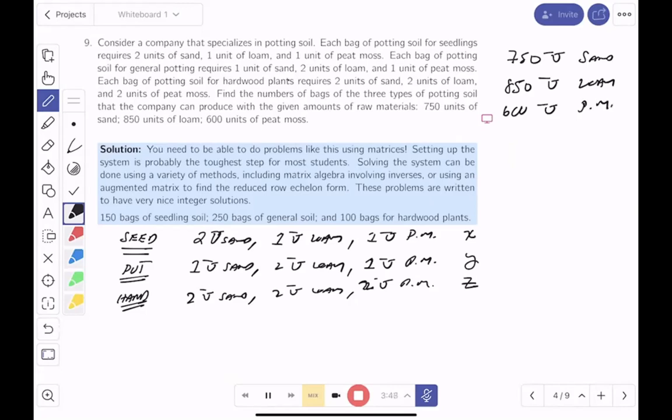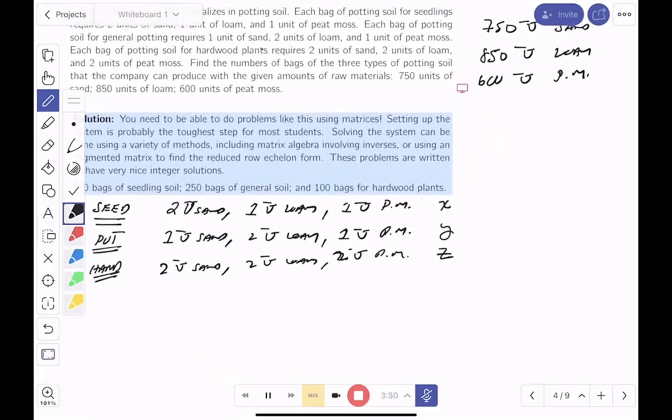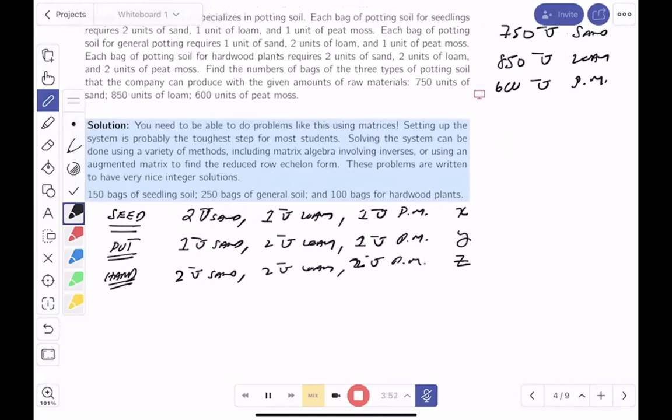Well, let's write this down. This is going to be the tough part for a lot of students. Let's talk about the seedlings, the potting, and the hardwood. Every bag of seedlings requires 2 units of sand.